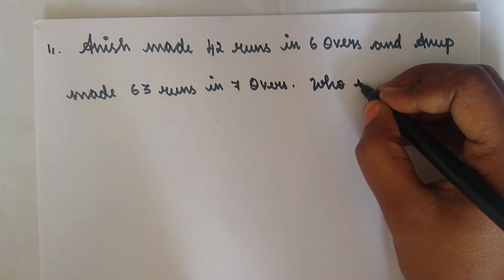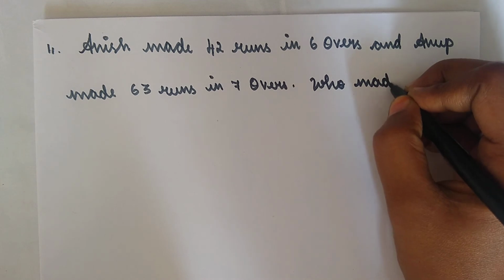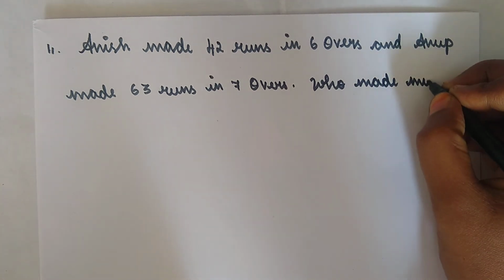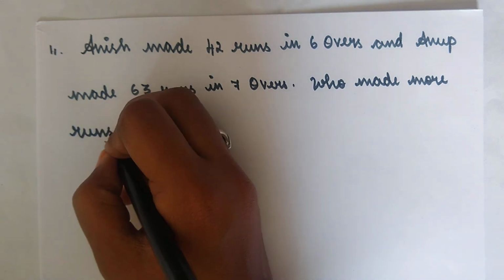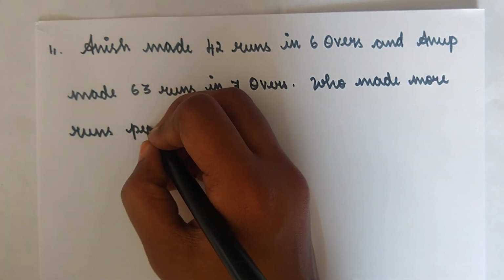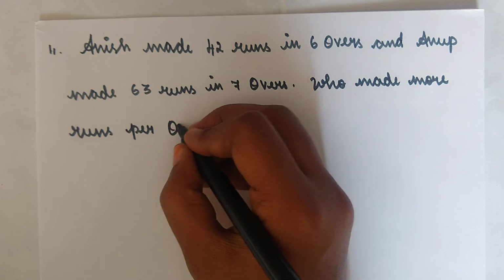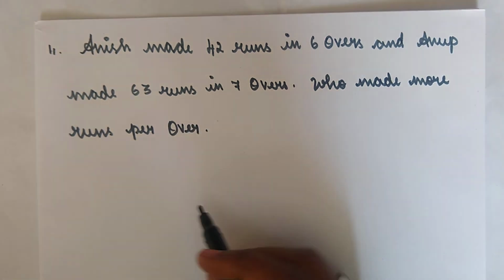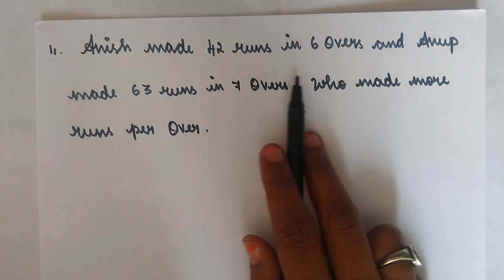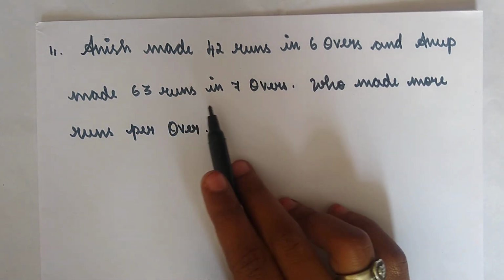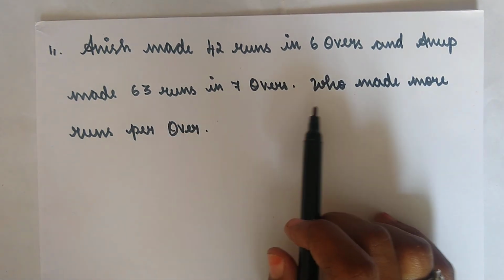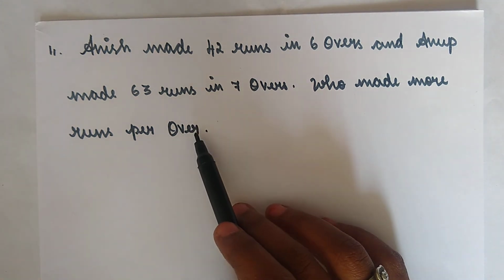Who made more runs per over? Anish made 42 runs in 6 overs and Anup made 63 runs in 7 overs. Who made more runs per over?